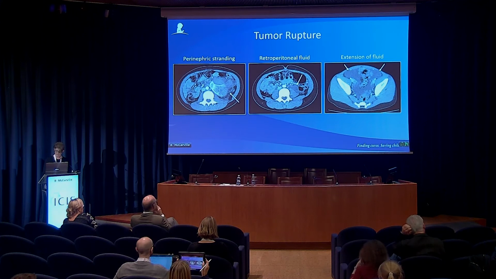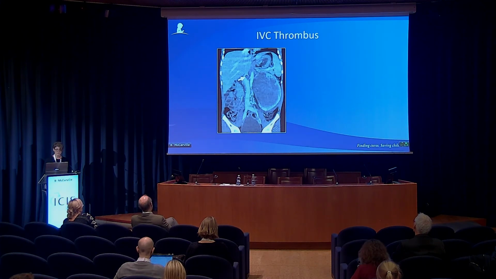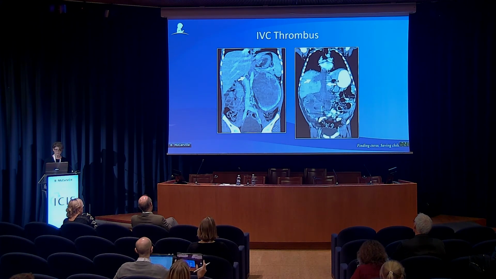These have all been reported as being true signs of tumor rupture. Of course, always important to look for IVC thrombus, which can be small, as shown here, or can be very extensive, as shown here, expanding the IVC, growing into the hepatic veins, and up into the right atrium.